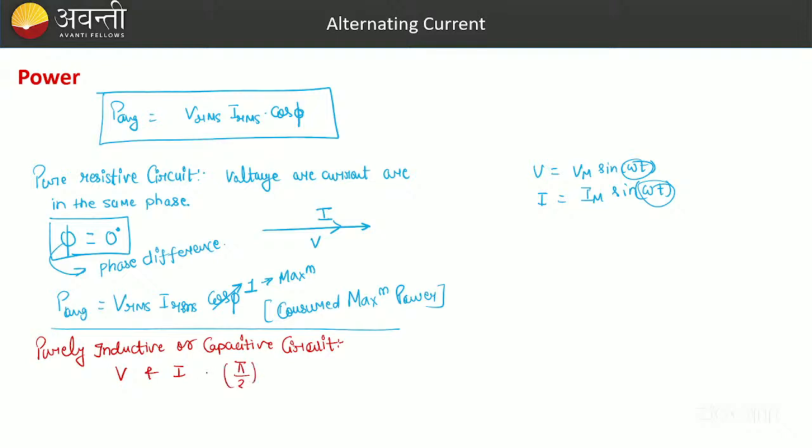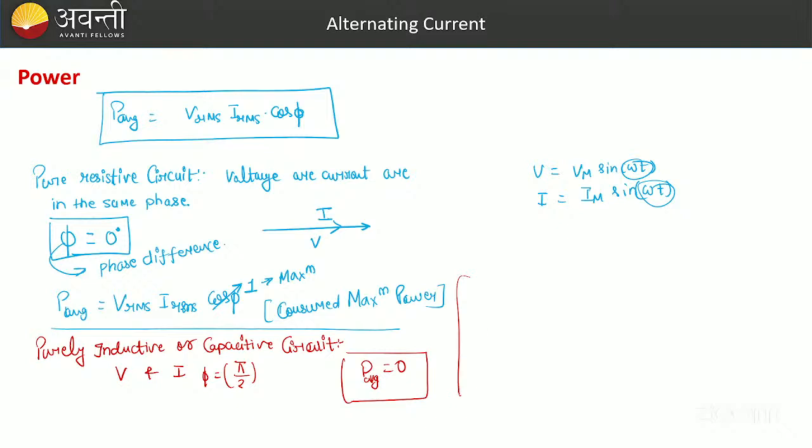If it is pi by 2, then we can say that the average power will be 0, which means there is no power consumed in the circuit, but current is flowing.